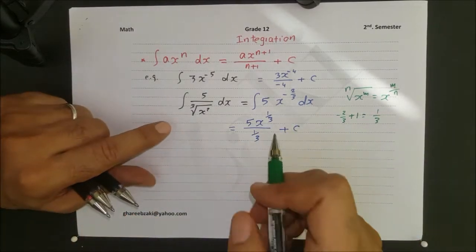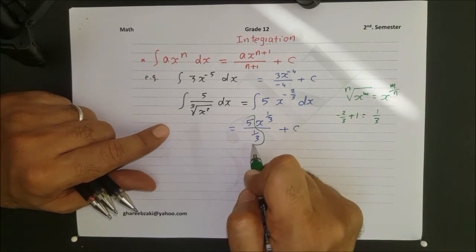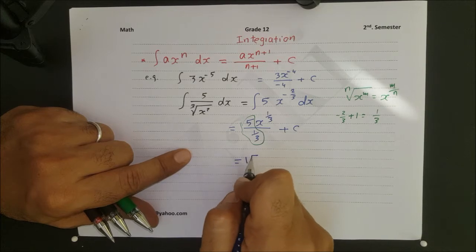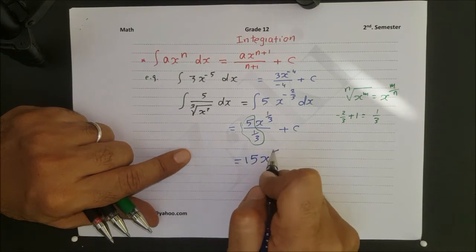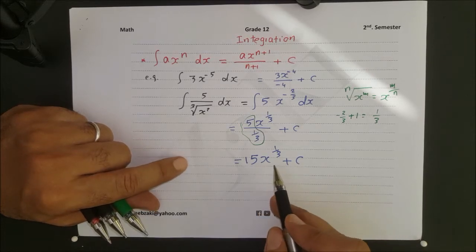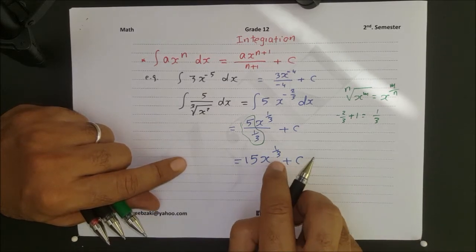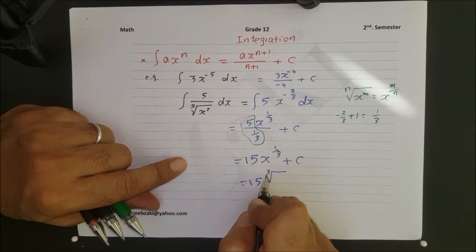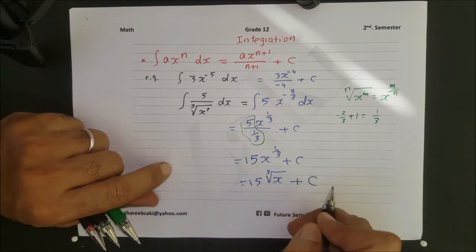You can simplify. 5 divided by 1 over 3 is 15. So the answer is 15 x power 1 over 3 plus constant. If you need to simplify more, this becomes the cubic root of x. So it is 15 cubic root of x plus constant.